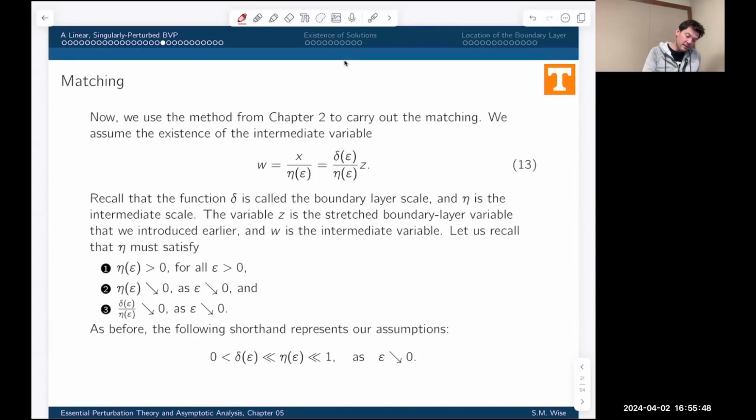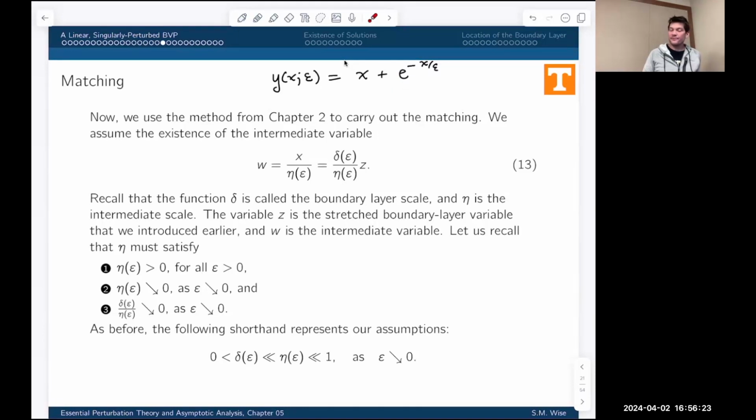For example, if I have an equation like this, y of x epsilon equals x plus e to the minus x over epsilon, right? So suppose I do an asymptotic expansion of this. If I do a simple asymptotic expansion, deriving the terms as we did in chapter 2, you're going to find that this term falls out doing a regular asymptotic expansion.